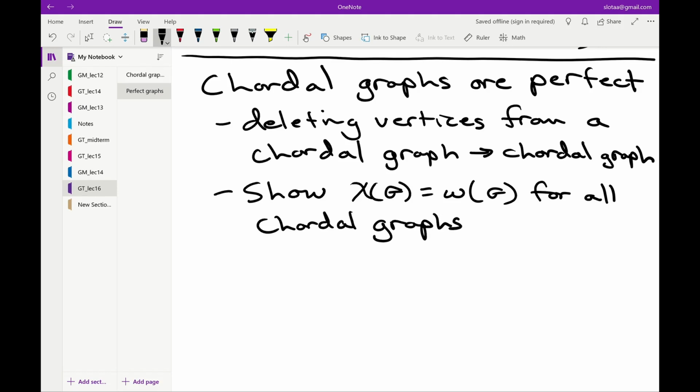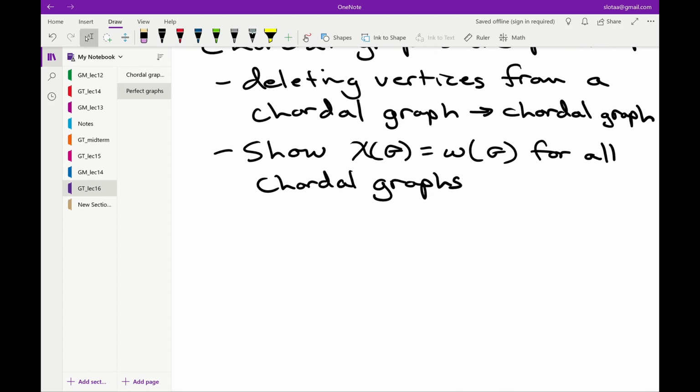And since a perfect graph is, by our definition, one where we consider induced subgraphs, when we're taking an induced subgraph, we can get there just by deleting vertices from our original graph. So if our original graph is chordal, then any induced subgraph of that graph is correspondingly going to be chordal, because deleting vertices can get us to any induced subgraph from our original graph, and deleting vertices cannot introduce a chordless cycle.